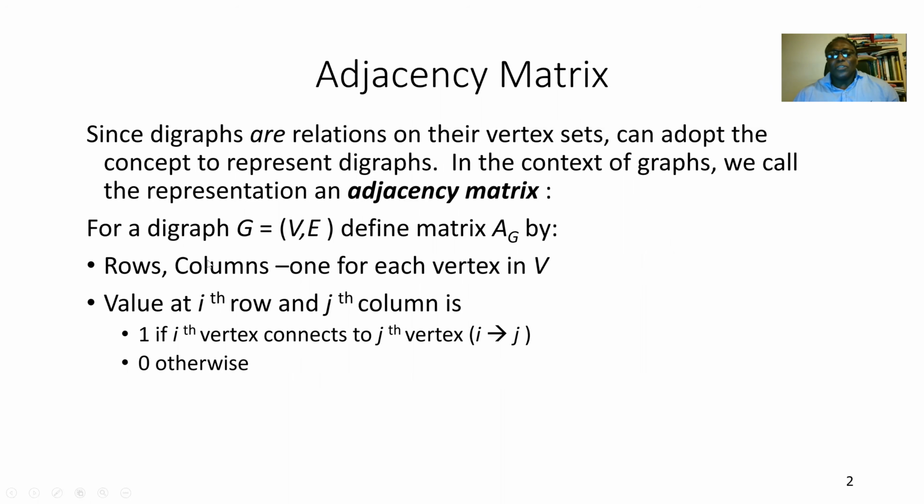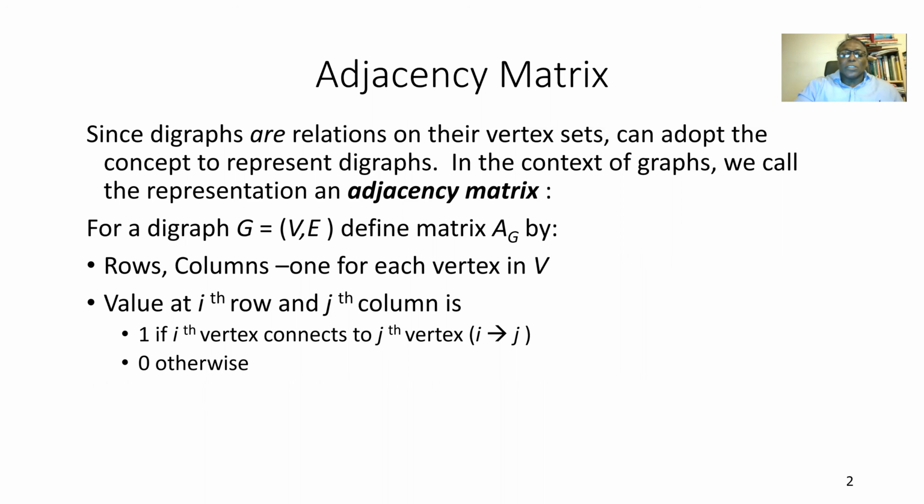So for a directed graph G, let's say we have a graph named G, consisting of two things, V, which is the vertices, and E, which is the edges, is defined as A_G, which is the adjacency matrix of the graph. And we know a matrix consists of what? Rows and also columns.